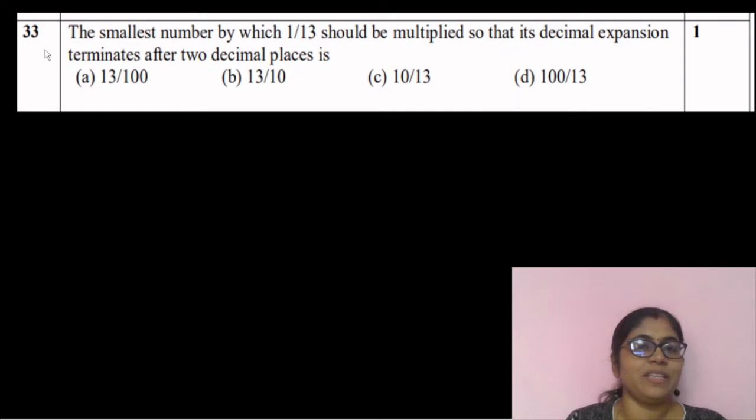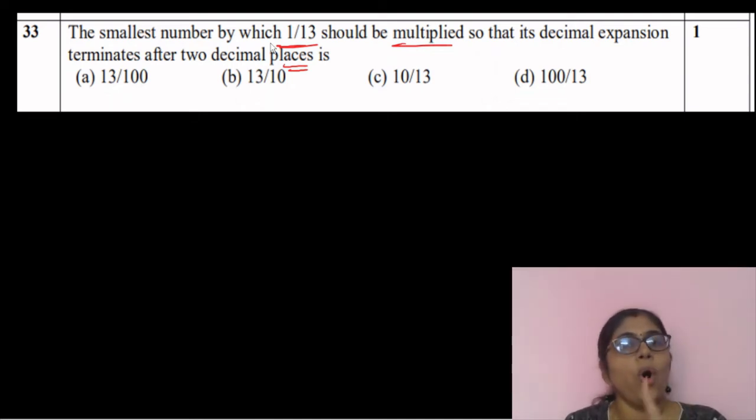Now question number 33. The smallest number by which 1 by 13 should be multiplied so that its decimal expansion terminates after 2 decimal places. So for termination of decimal, the denominator should be a multiple of 2 and 5.